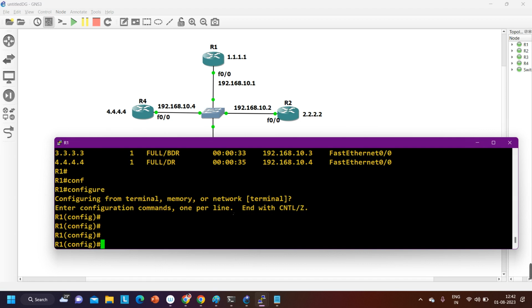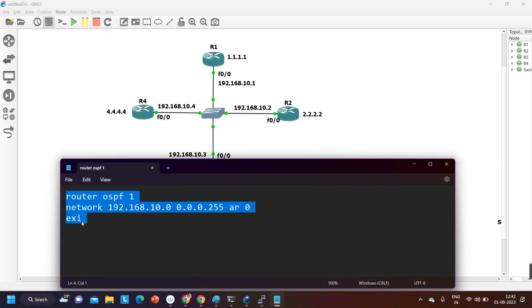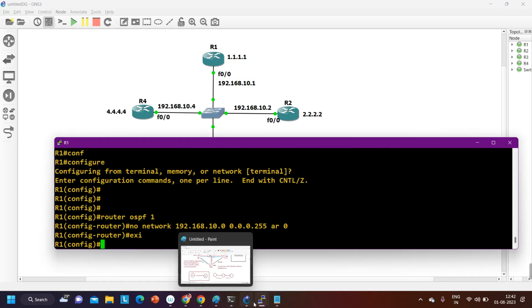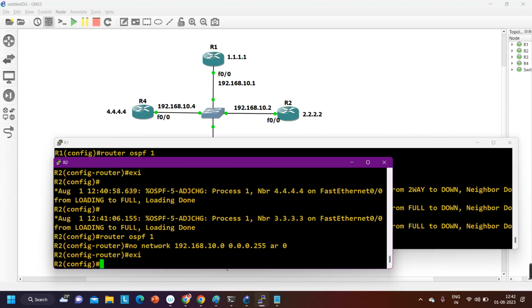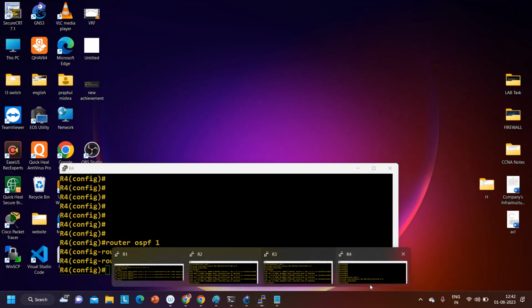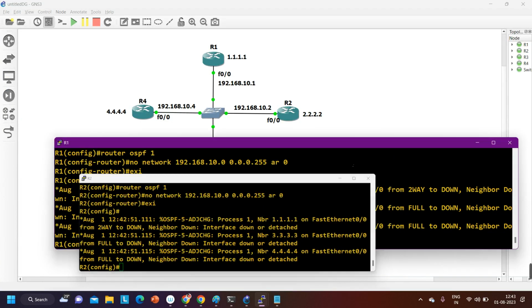Say no. Okay, let me run this no network command here. Copy the command and paste it on all routers. It will remove OSPF configuration from FastEthernet 0/0. Router 2 also, router 3 also, and router 4 also. I've removed OSPF configuration from all routers.